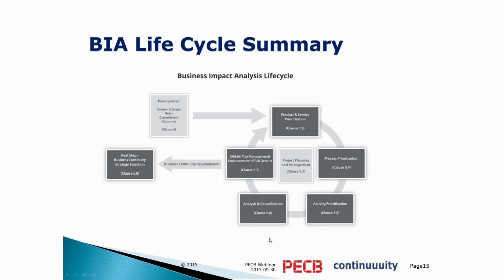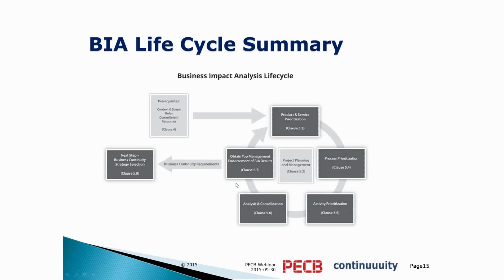Then we have to enter the all-important phase of analysis and consolidation. As I said, that's the issue of too large demands. So we have to, in most cases, cut back the requirements, and finally have everything endorsed by top management.